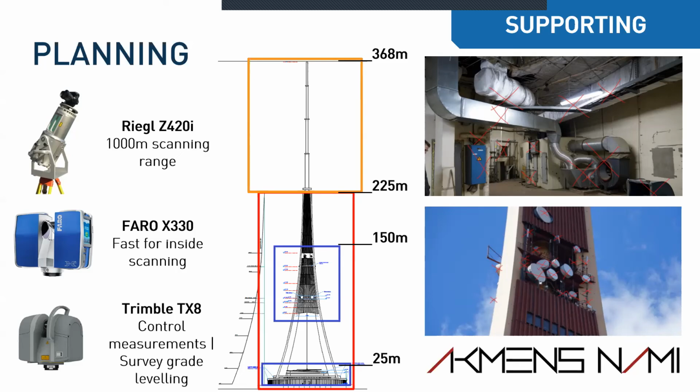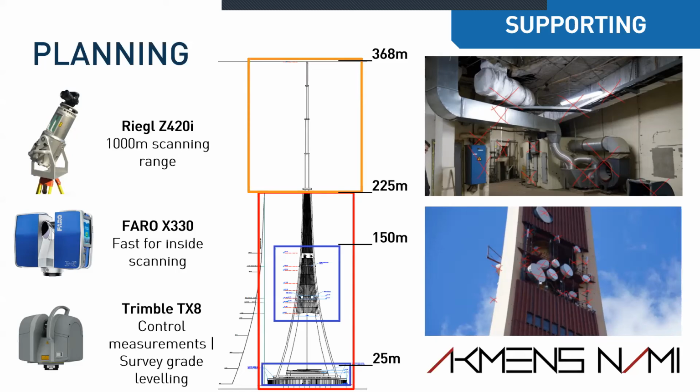For this building, we used 3 scanners. Yeah, one Regal scanner for scanning the top of the building tower, and Faro and Trimble scanners to make inside and outside scanning.